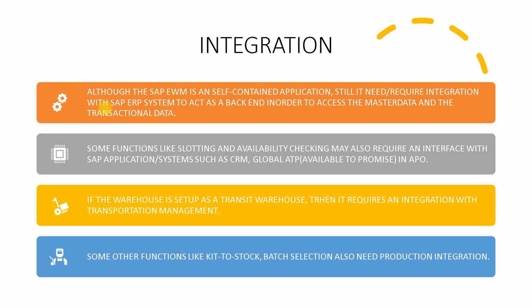Okay, so let's understand the integration between SAP EWM and other ERP modules or other ERP functionalities. SAP EWM can work individually. Let's say you can do the picking, packing, put away, everything in the SAP EWM system, but still you need an integration with other modules, mostly SAP ERP, to get some of the transactional data and some of the master data.